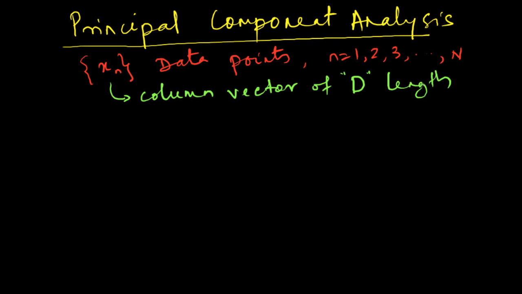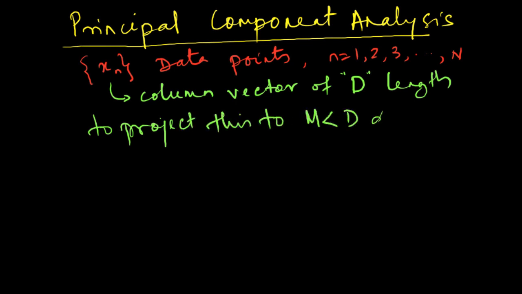So x1, x2, x3, x4, x5 and so on are different data points, and each of these is a d-dimensional column vector, and our objective is to project this to m dimensions, where usually m is not just smaller but actually much smaller than capital D.